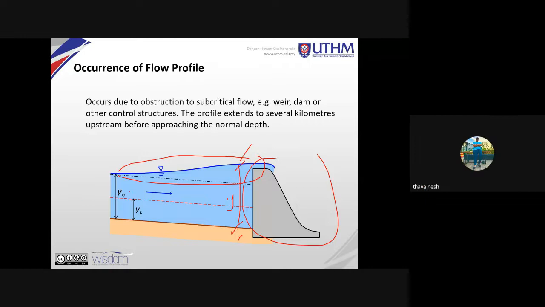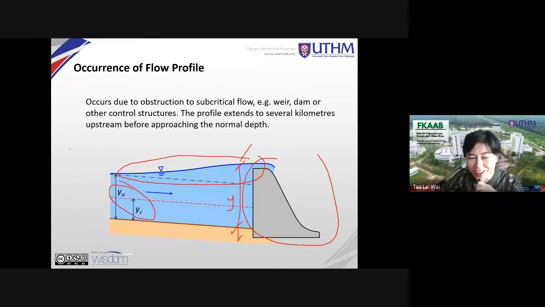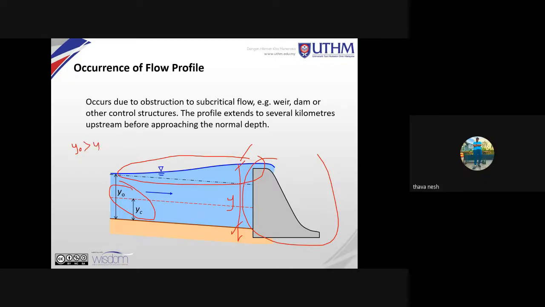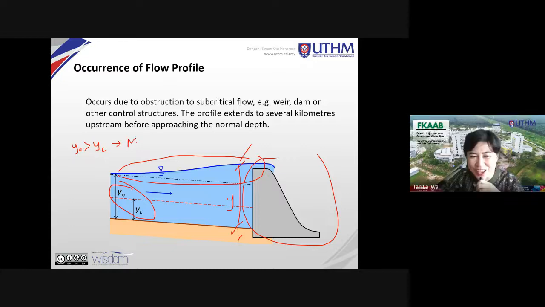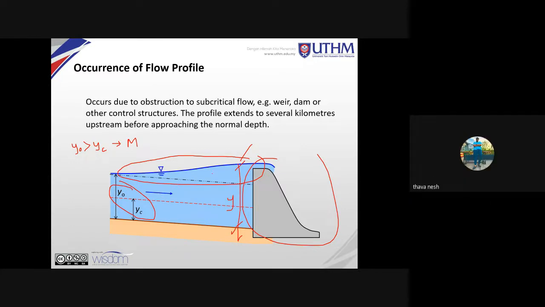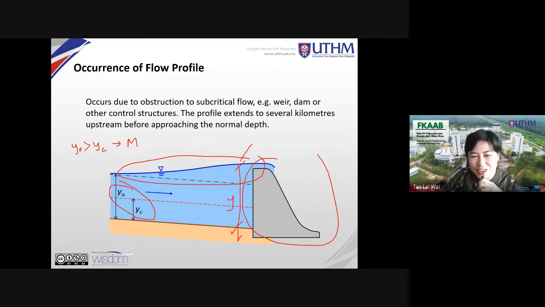I think as the Y0 is greater, right? Yeah, I don't have the table. It's mild slope, okay. Mild slope. Then what zone is it, 1, 2, or 3 here?